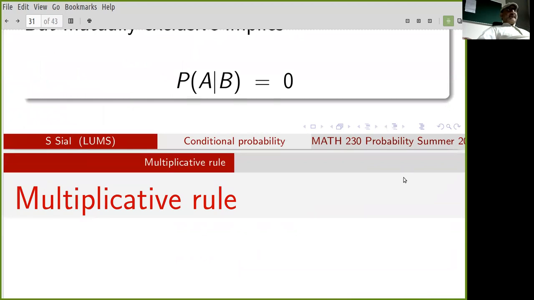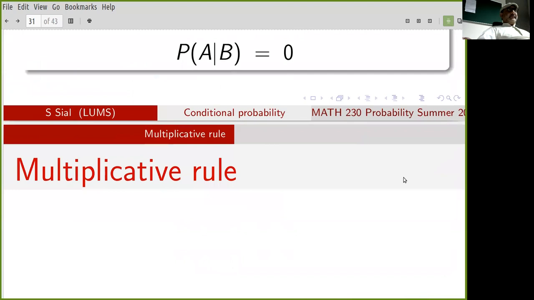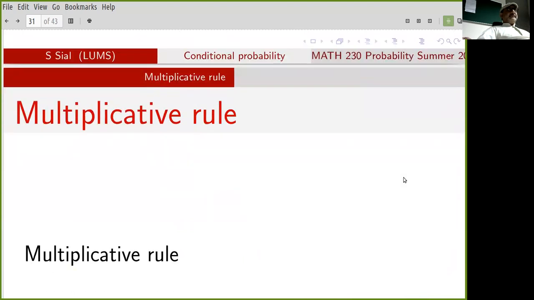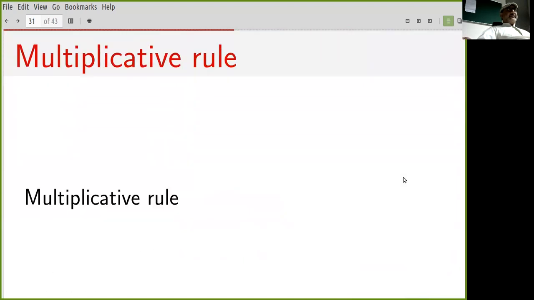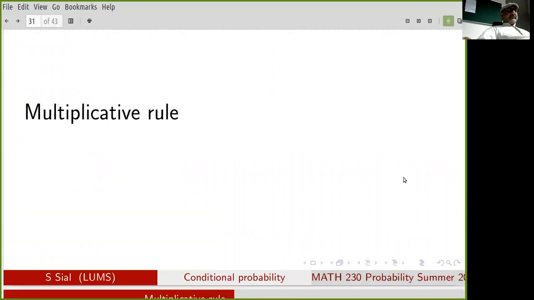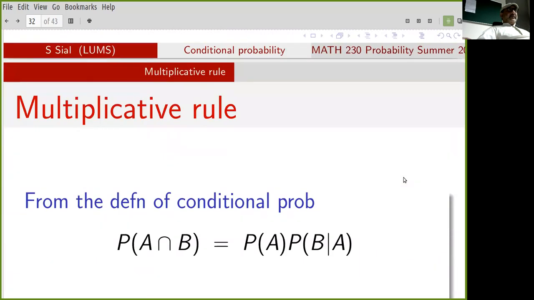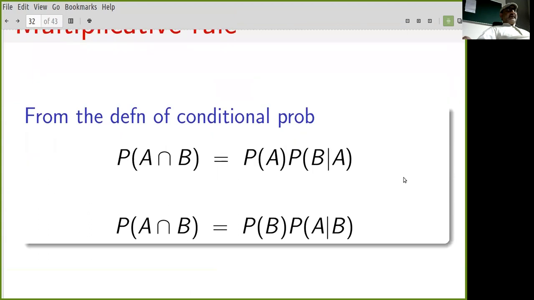A multiplicative rule is useful here in some problems. Let's lay that out.